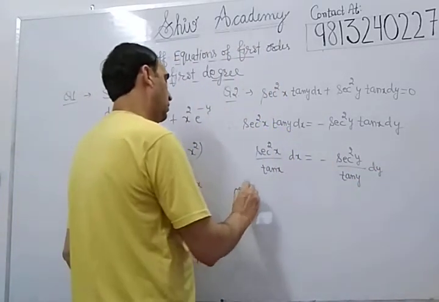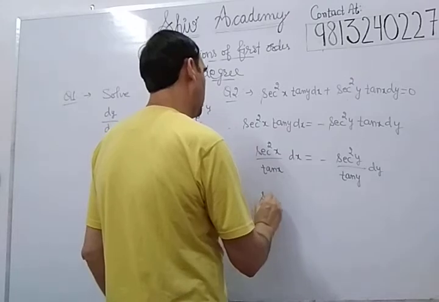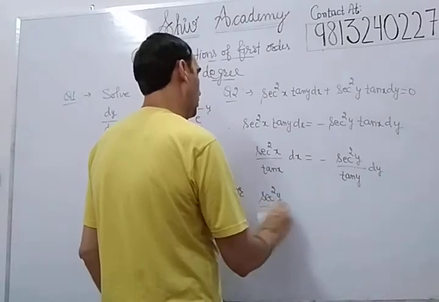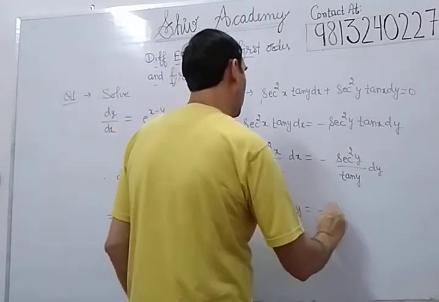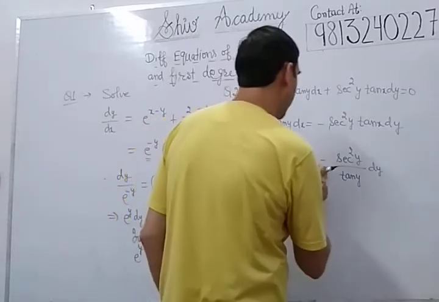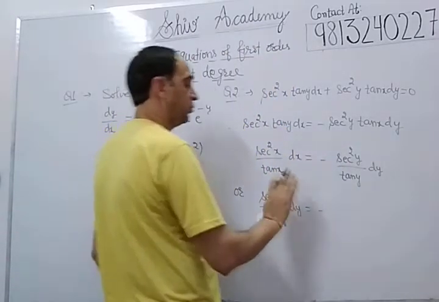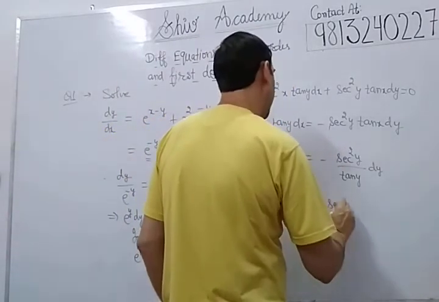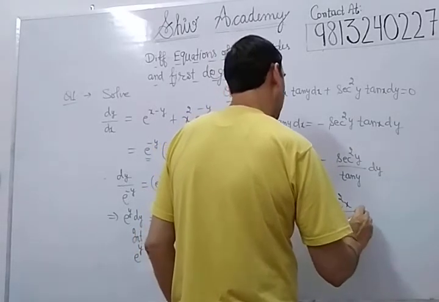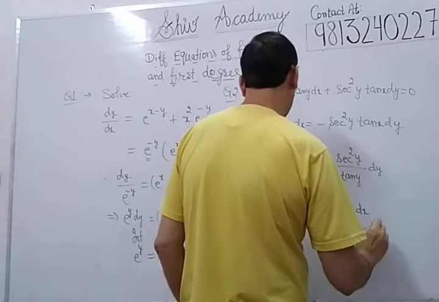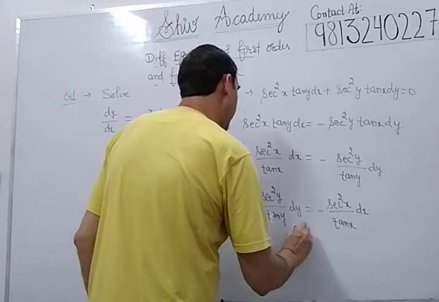Or you can write sec square y over tan y dy equal to minus sec square x upon tan x dx. Choice is yours, you take minus to this side or this side, no problem. So now we integrate.